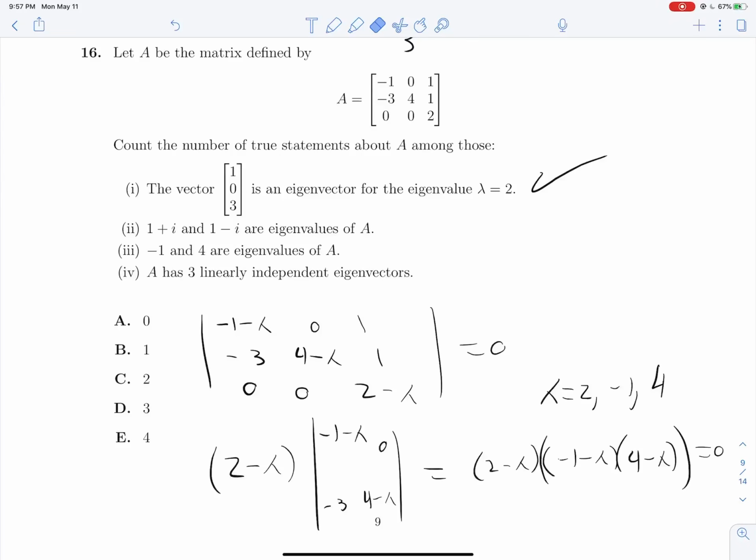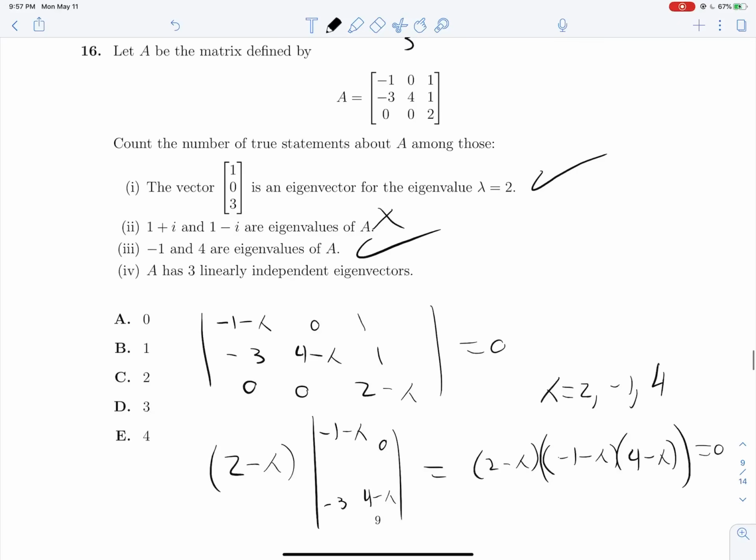Sorry about that. So that tells us that 3 is correct, that negative 1 and 4 are eigenvalues of A, and because A is a 3 by 3 matrix, it can't have more than 3 eigenvalues. Also, we found all of our eigenvalues here, so these two are definitely not eigenvalues.